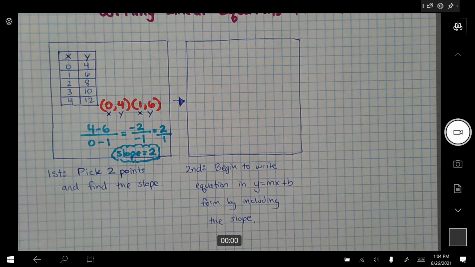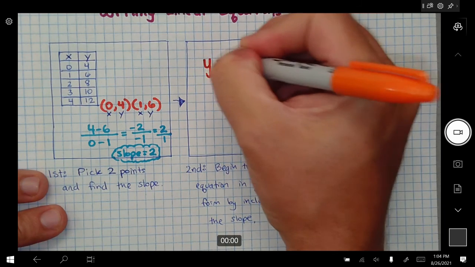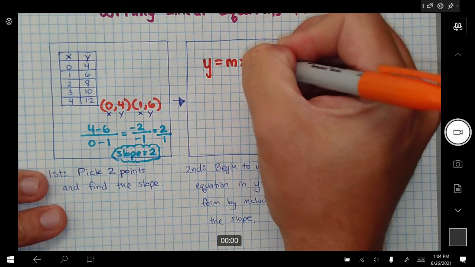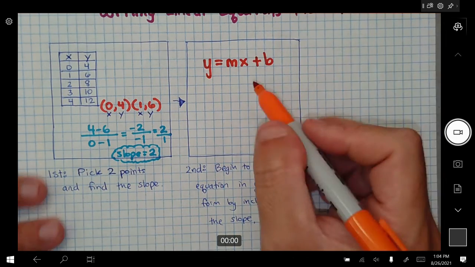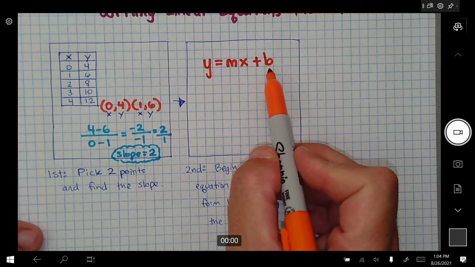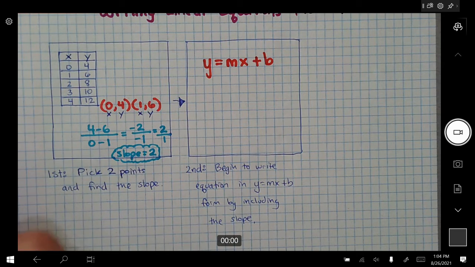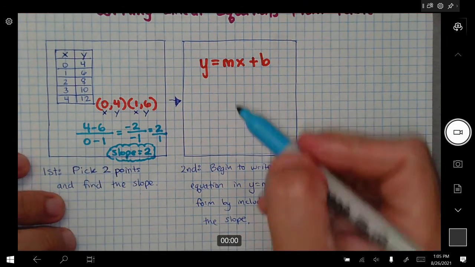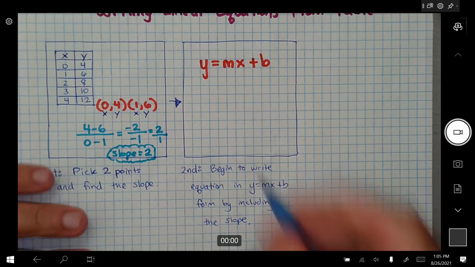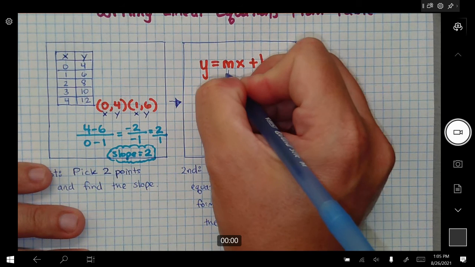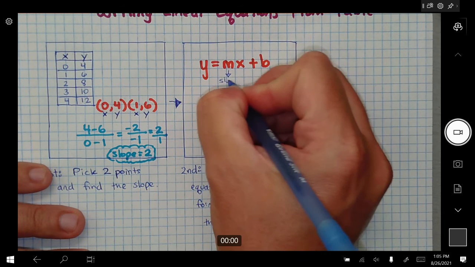So this is going to be an easy box. What is slope-intercept form? Y equals mx plus b. The m is the slope, the b is the y-intercept. What did I say? I said start writing it out. Do we know what the slope is? We do. I'm going to just make sure you remember the slope.